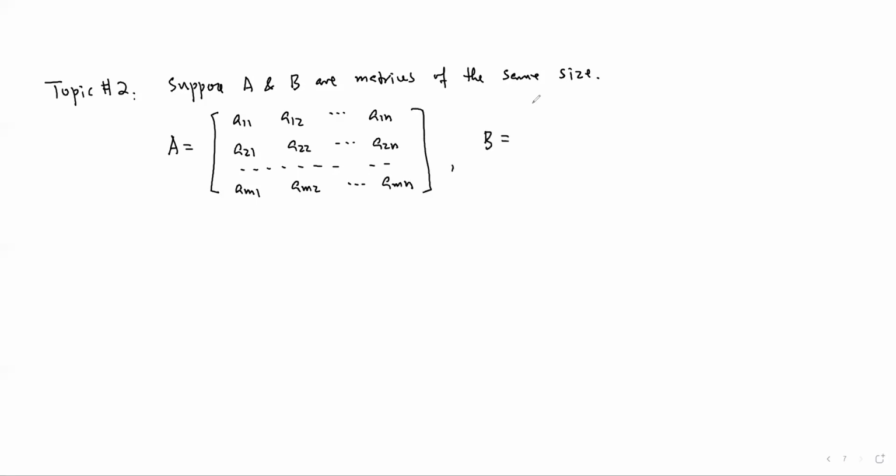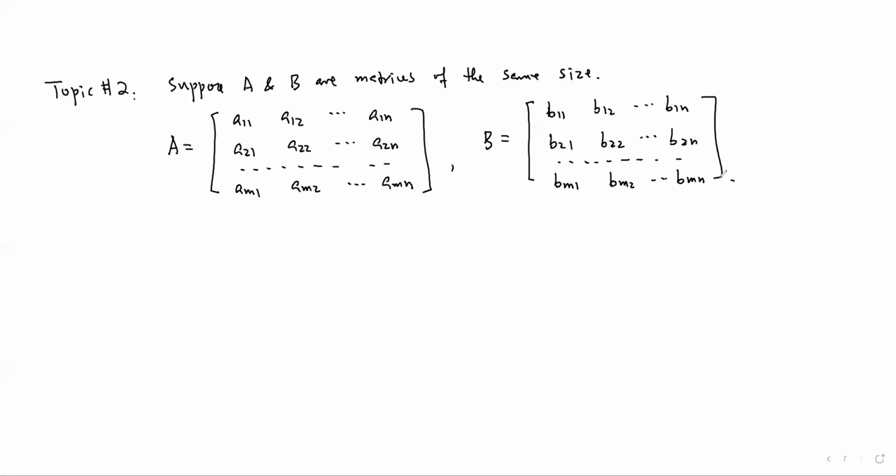Matrix B has the same size: B11, B12, B1n, B21, B22, B2n, Bm1, Bm2, Bmn.